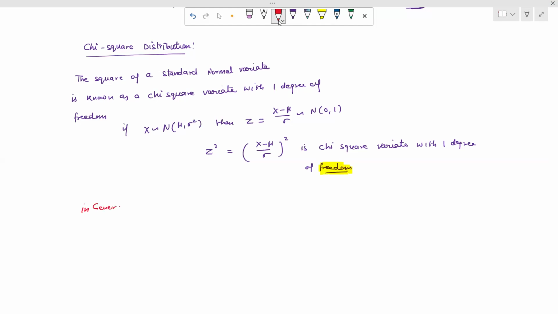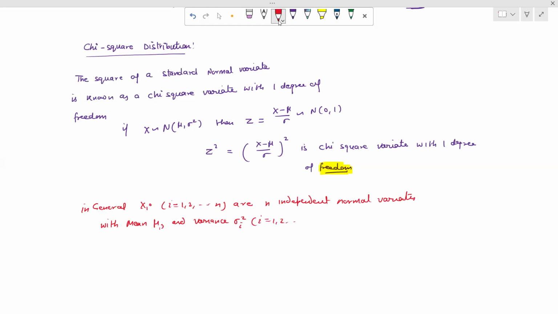In general, Xi, where i we can take as 1, 2, 3 up to n, are n independent normal variates with mean mu i and variance sigma square i, where i is also equal to 1 to n.